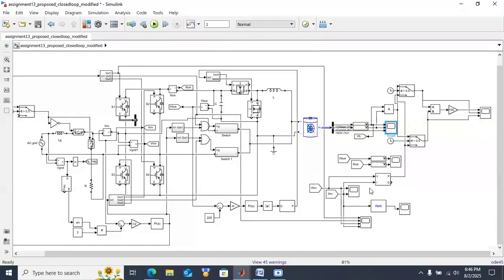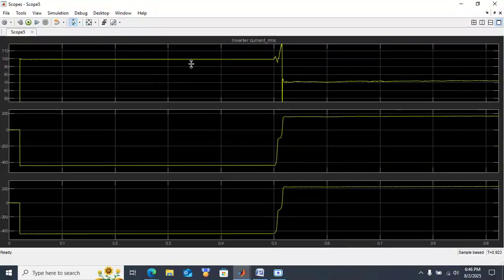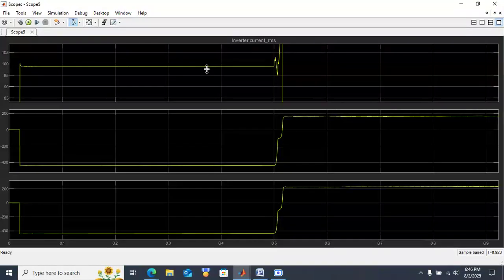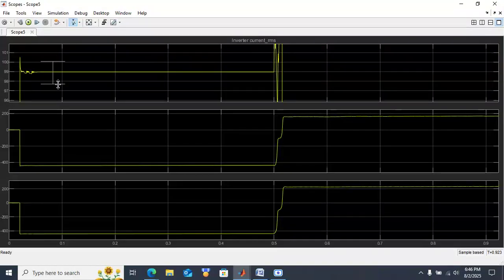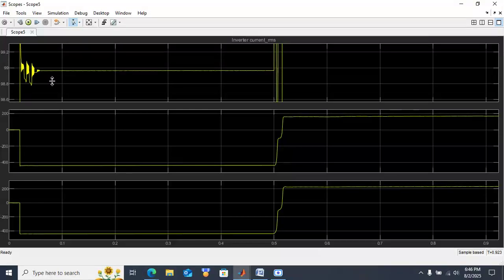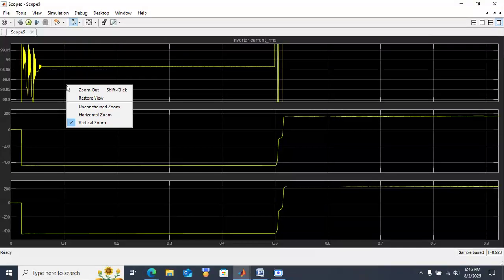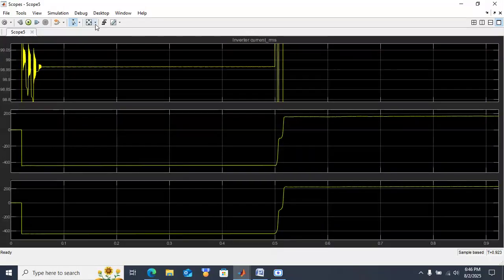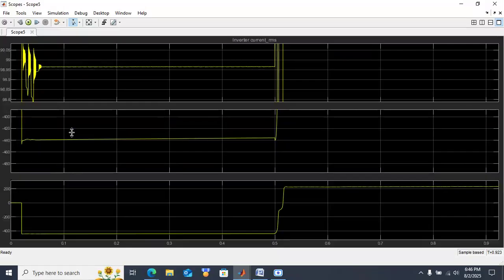This is the working: inverter voltage, DC bus voltage, battery voltage, SOC, and here this is the efficiency. Input power, output power, efficiency. Efficiency is around 98.9 percent, and the power is around 440 watts.